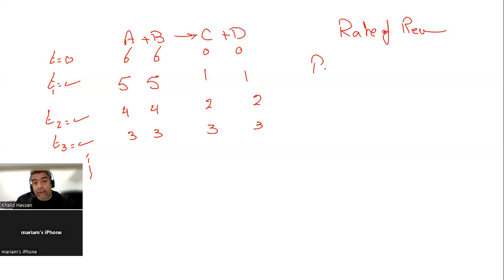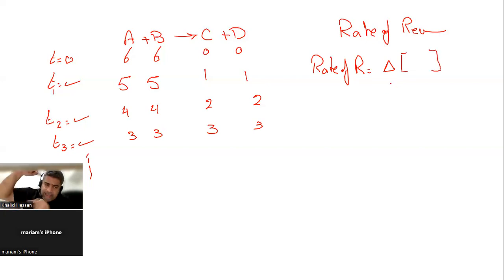Rate of reaction equals delta concentration, in square brackets, whatever is inside, divided by delta T, the time consumed.